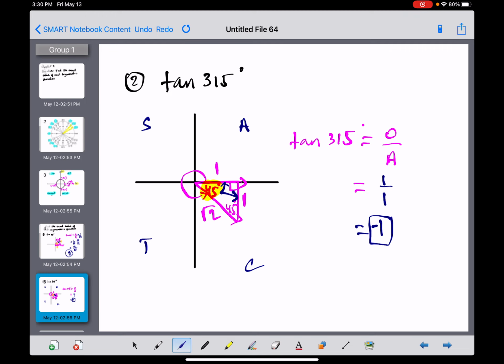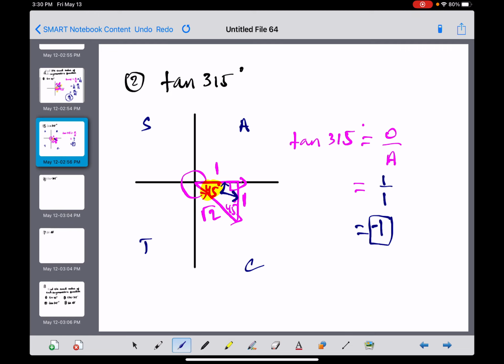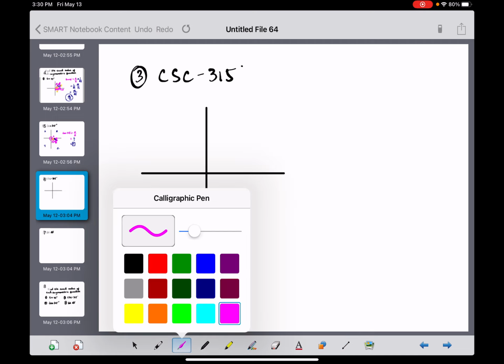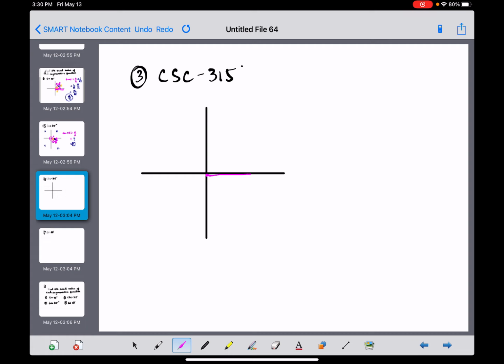Okay, let's move on to number 3. Cosine negative 315 degrees. So step 1, sketch the angle. Our initial side's here, and since it's negative, we're going to go down right here.